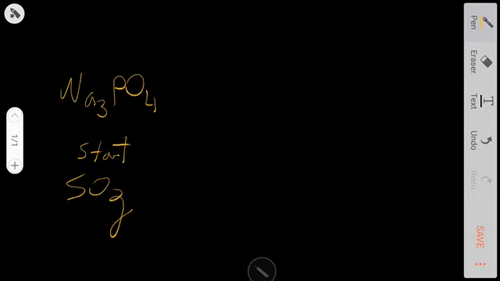In order to find out how much extra I have, I have to find out how much I used. And what I'll do is subtract from this 50 the amount that I had times a ratio of my limiting reagent, how much I was able to make in a product for my limiting reagent, and how much product I was able to make with my non-limiting. So in this case, you could actually pick either one.